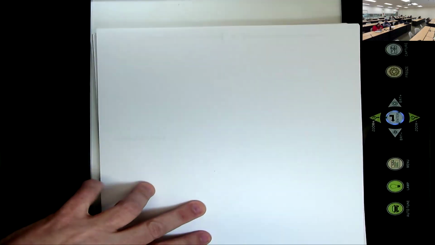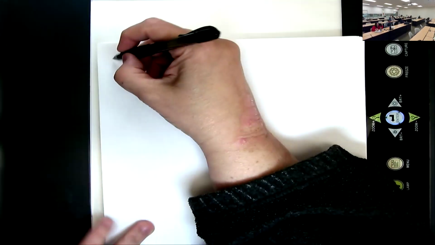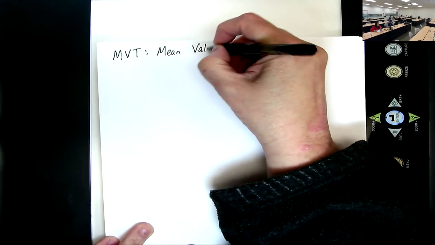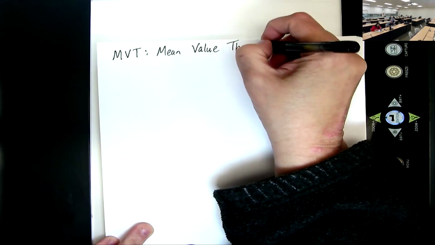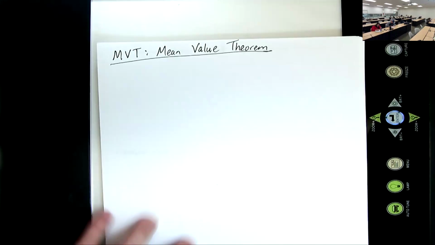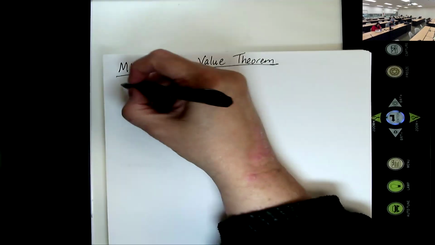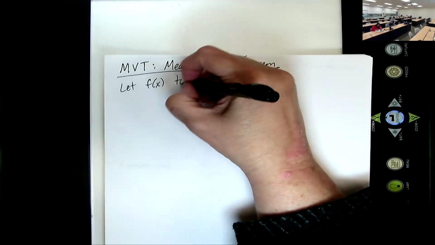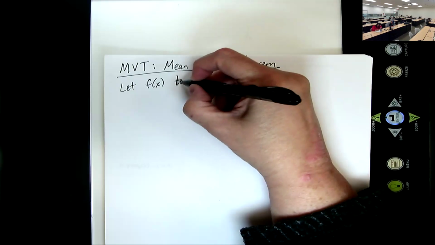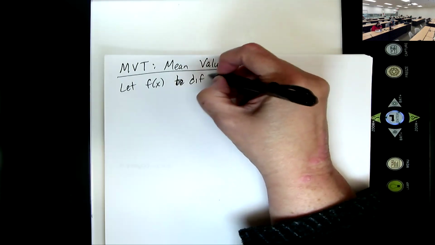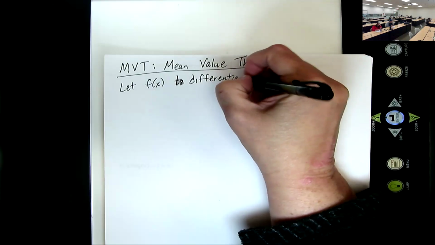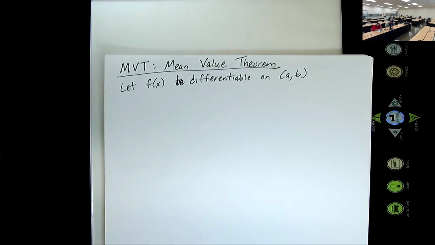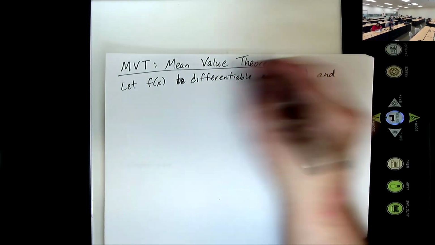Which leads us to the mean value theorem. We will again require f of x to be differentiable on (a, b) and continuous on the closed interval [a, b].